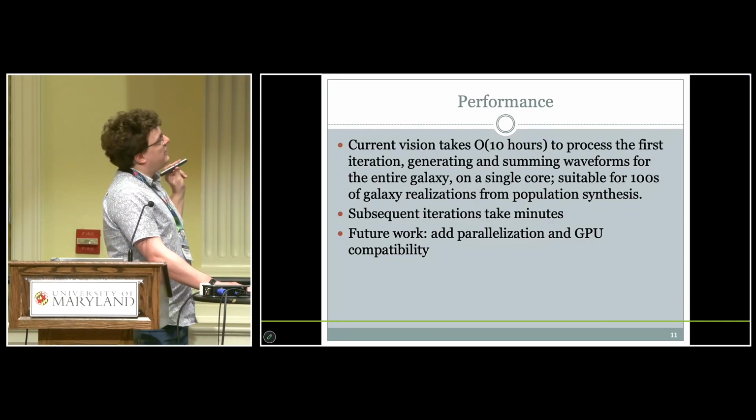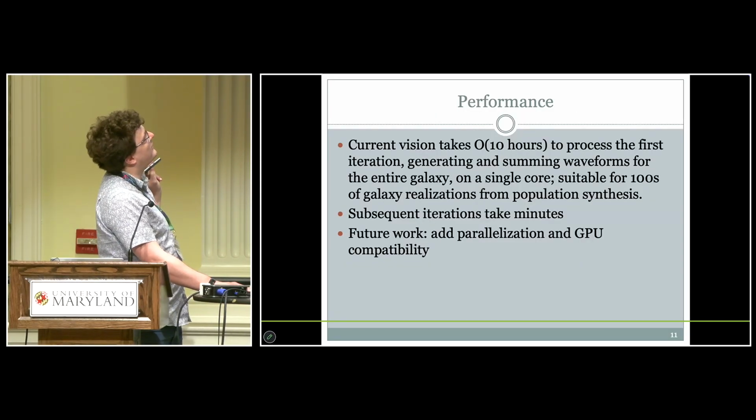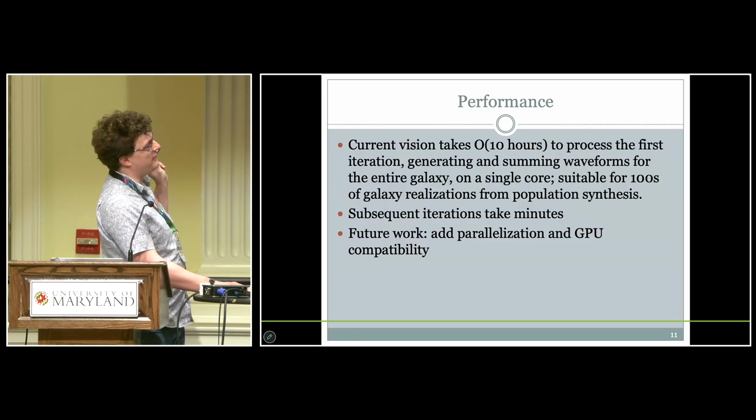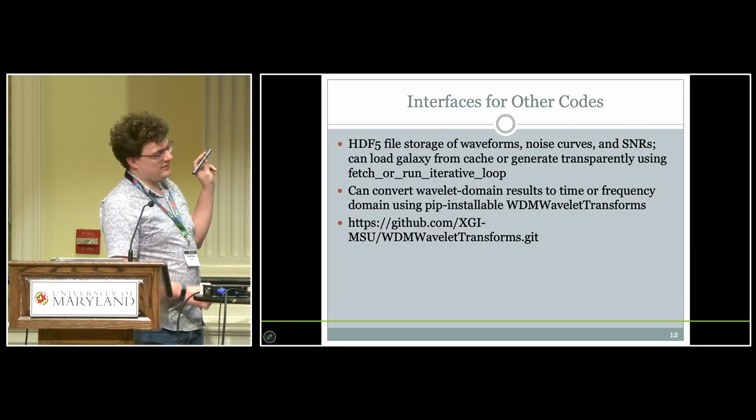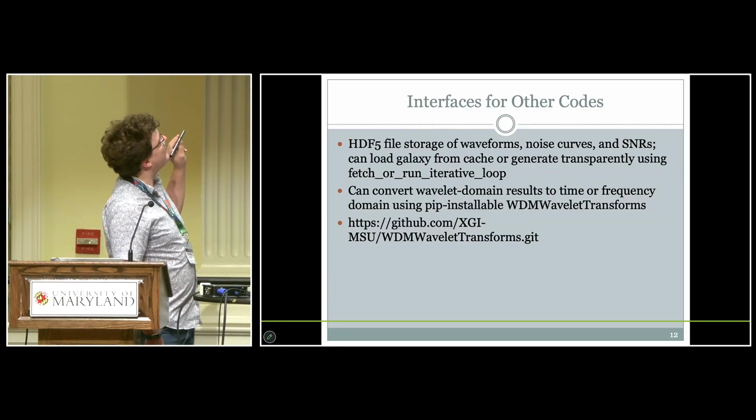Like I said, the performance was excellent a year ago, but apparently now slow. But the point was that you could run hundreds of galaxies feasibly on a single core, and that's a pretty reasonable amount of galaxies for most purposes. And the parallelization hopefully will be coming soon to make the usefulness competitive.